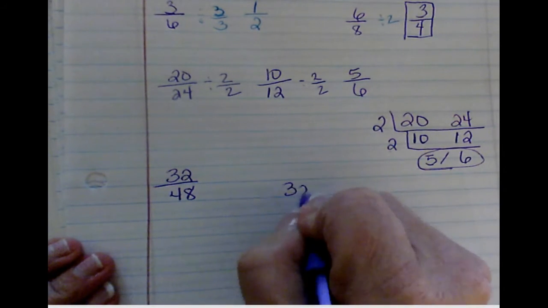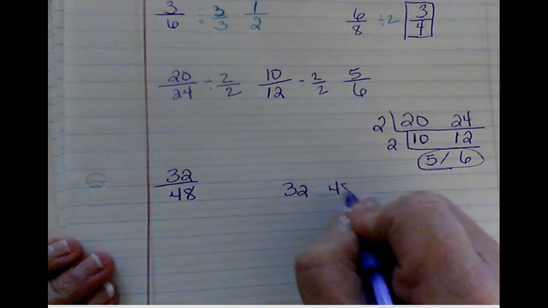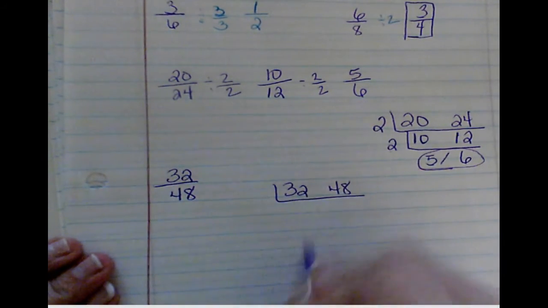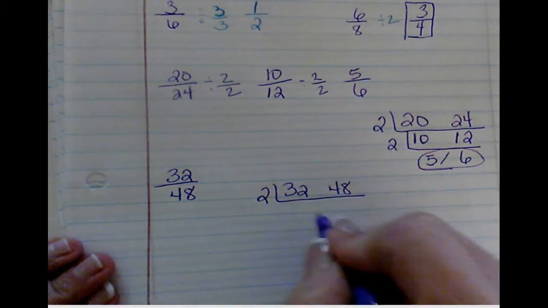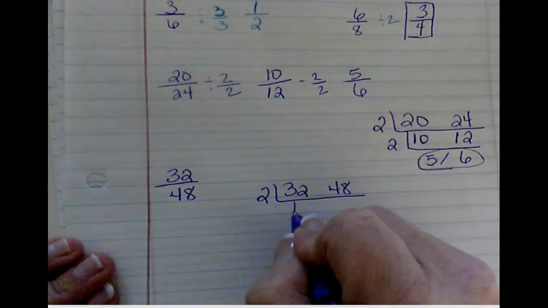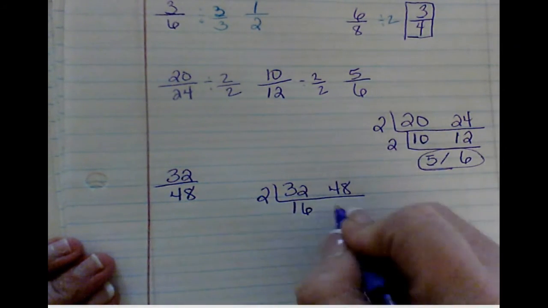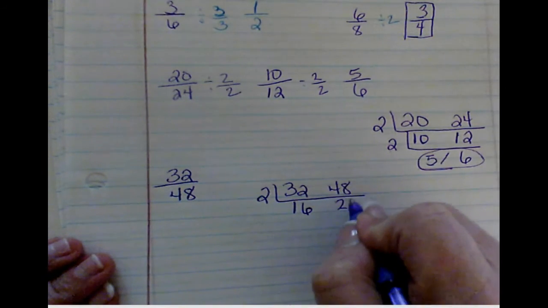You can try this one on. For example, 32 over 48. 32, 48. These are both even. I can divide by 2. This is going to be 16 and 24.